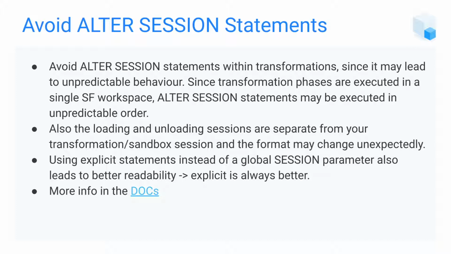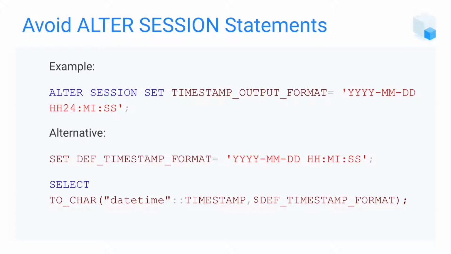It is better to use the explicit statements instead of the global session parameter changes. This leads to better readability, better transparency. So the first example, I will be talking about the timestamp output format. We see this quite often that people want to change the format of the timestamp. So let's say instead they prefer this year, month, date in 24-hour format. What they usually do is they try to use the alter session statement and alter the timestamp output format parameter.